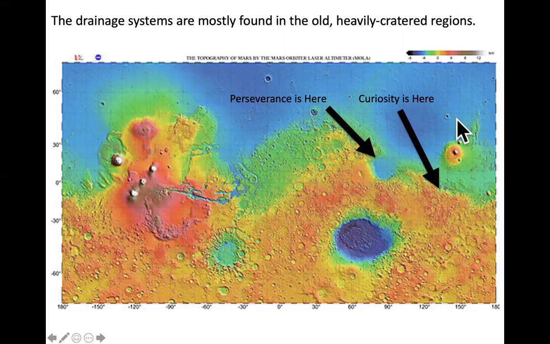There is a region up here, which is for some reason lower, we're still not entirely sure why, that has very few craters and also has very little evidence of liquid water flowing. The rovers, Curiosity and Perseverance, are on the boundary because it turns out it's easier to land at lower altitude.